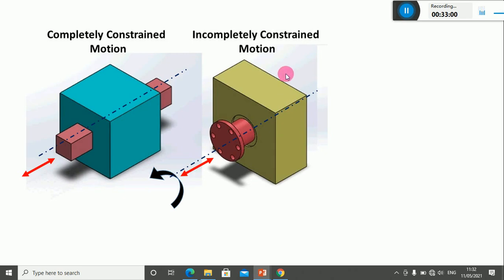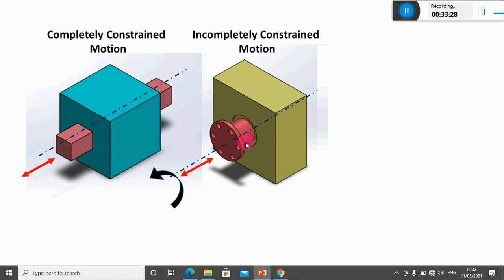And just consider the second one. Again, there is a cube and it is having a circular hole, instead of a square hole, and inside that circular hole there is a shaft, and the cross section of this shaft is in the form of a circle. In this case you can see the shaft can slide front and back, and it can also rotate.